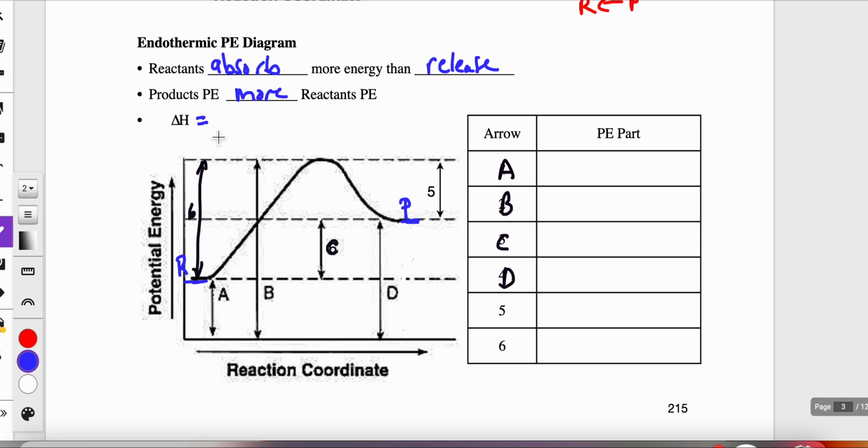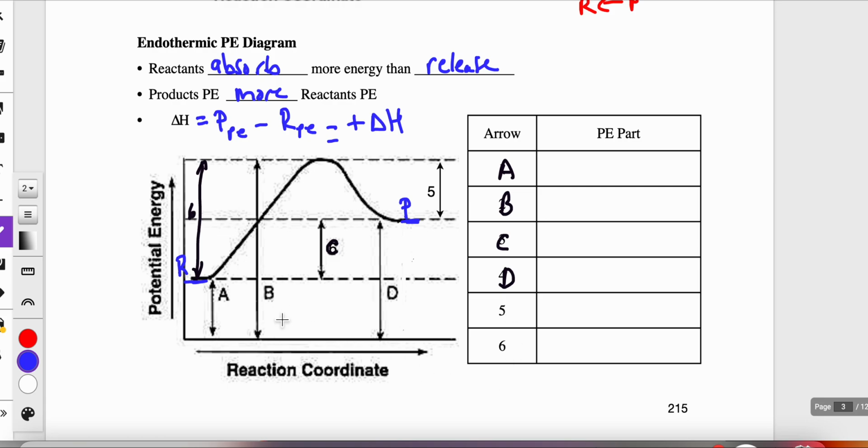The delta H is always final minus initial, so the product's potential energy minus the reactant's potential energy, so this value minus this value. Because the products have the larger PE value, you'll end up with a positive delta H.